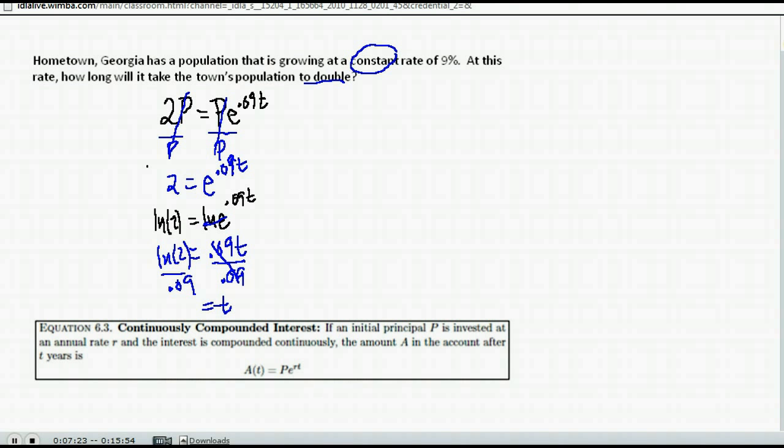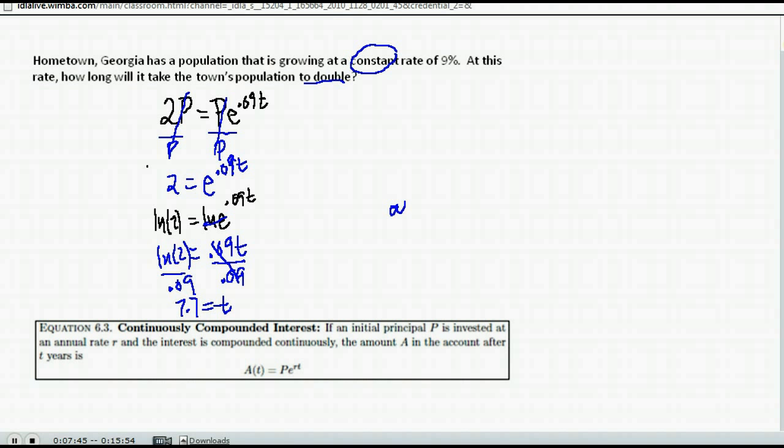And the amount of time it takes for our population to double, again, be very careful. Do the natural log of 2 and press equals, and then divide by 0.09. And you get about 7.7 years. If you want to round that up to 8, that's perfectly okay.